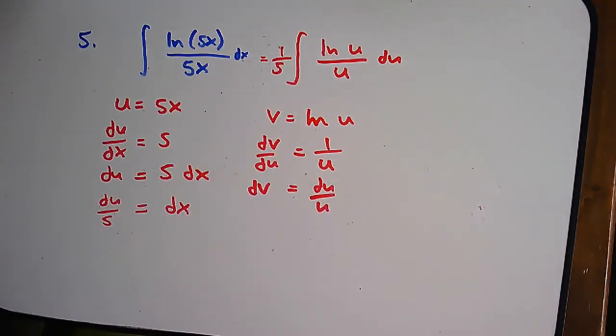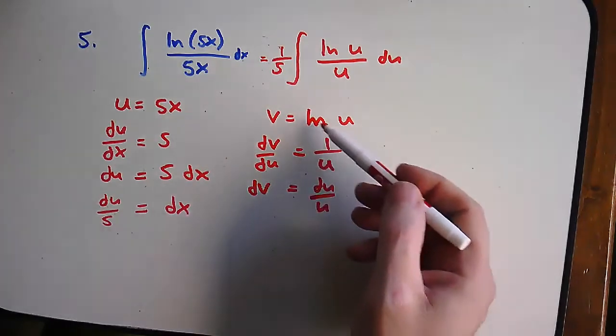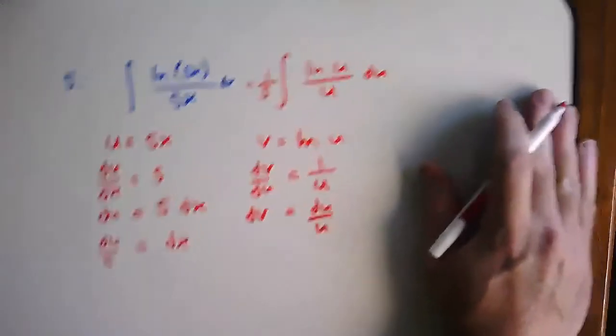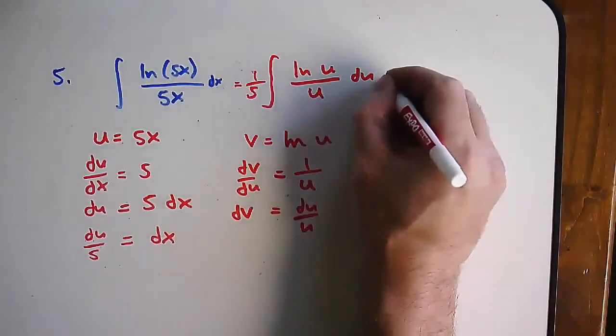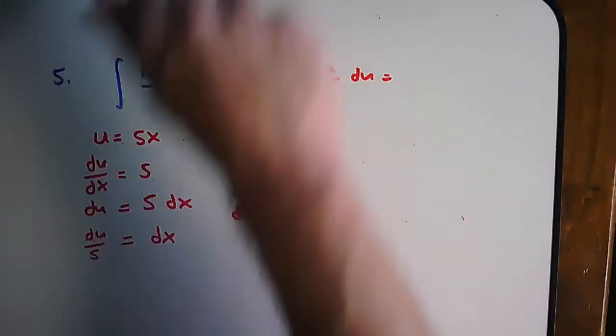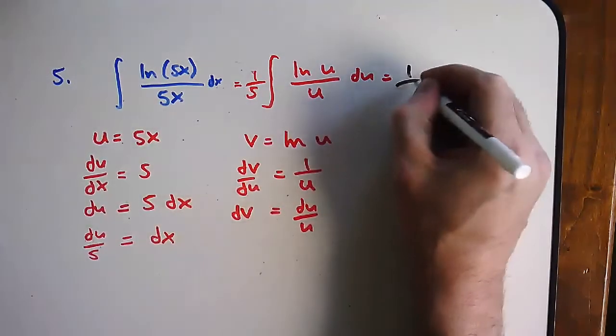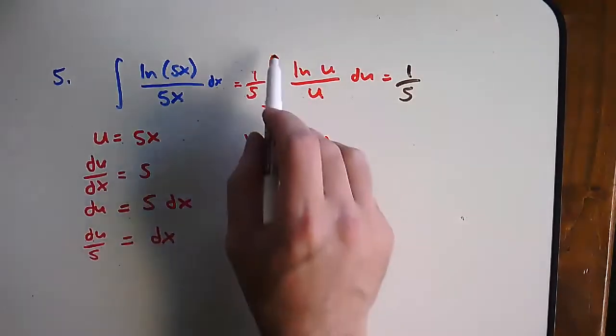Well, let's see what we have here. Here's my ln u, so that would be v. So we have 1/5 times the integral.